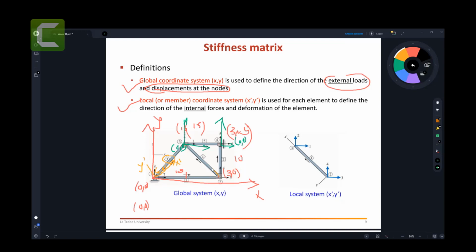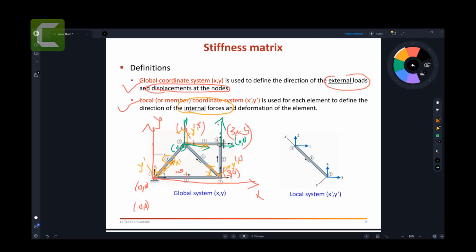So every member has its own local system. Let's say this is X dash, Y dash, and this is X dash, Y dash. That is a local system, and these local systems are used to calculate the internal forces. Right? So don't worry if you don't understand. That is not part of the examples, but it's just information that I like to give you.